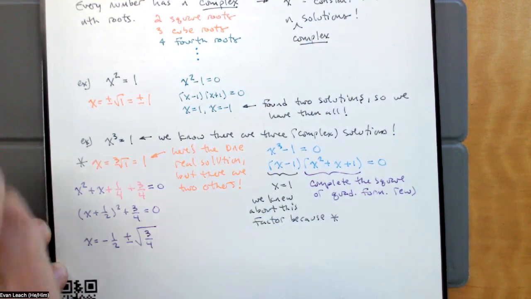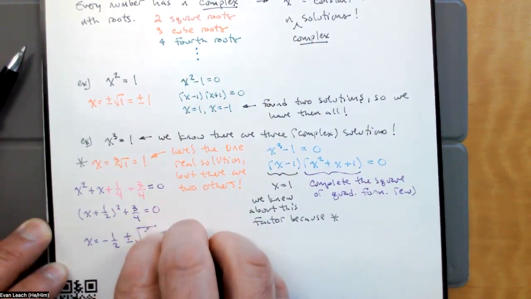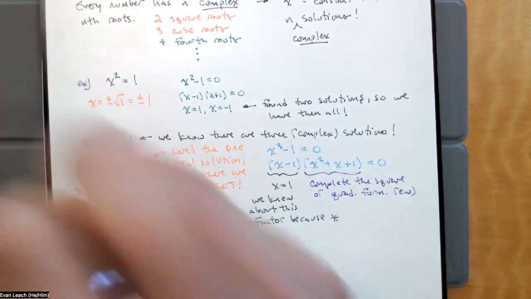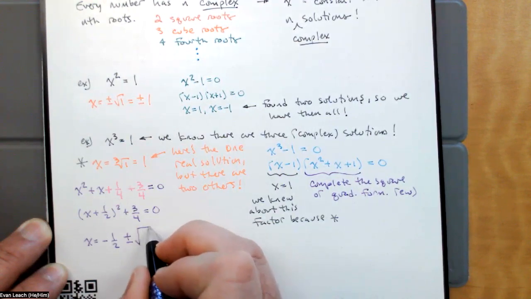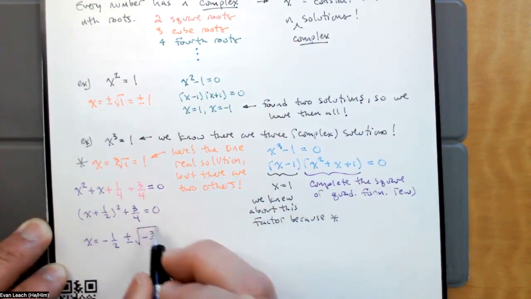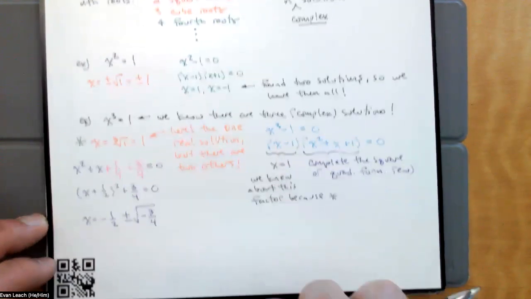Oops, forgot the negative. First subtract 3/4, then take the square root of both sides with the plus or minus, then subtract 1/2 from both sides.